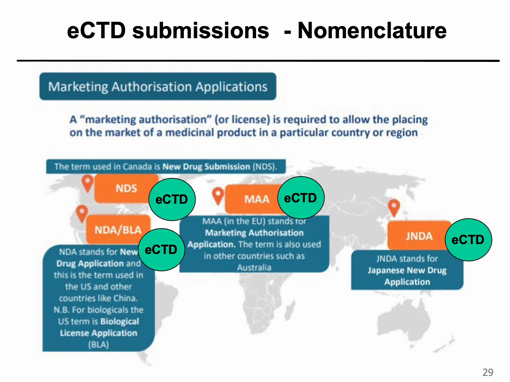In Canada, we have new drug submission. It must be done in eCTD format, and it must be submitted through the, again, submission gateway. In Europe, we have the Marketing Authorization Application, or MAA, that must be prepared in eCTD format. In Japan, we have the JNDA, which is the Japanese New Drug Application. Same thing applies. It has to be done in eCTD format.